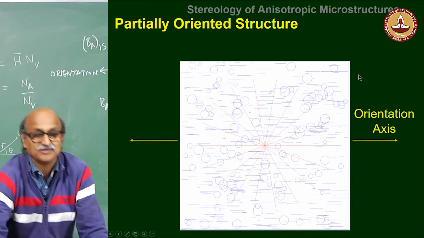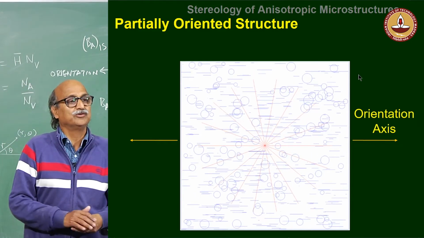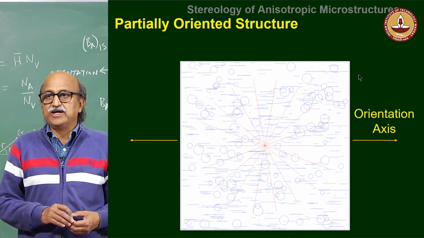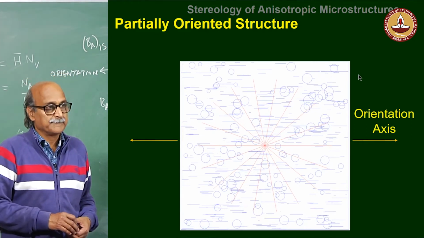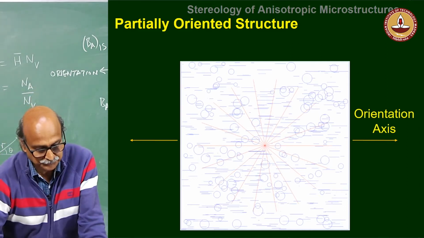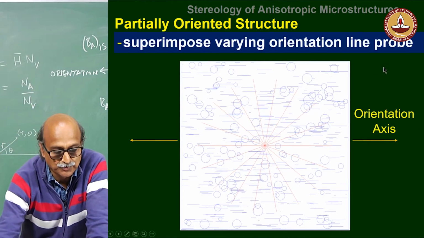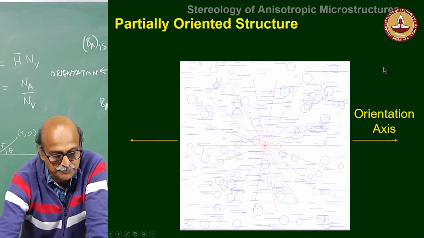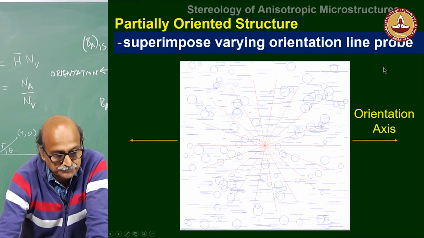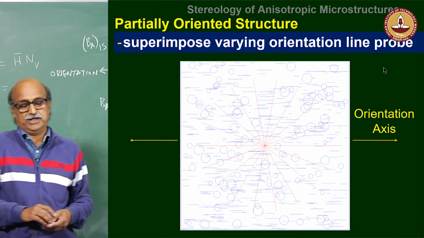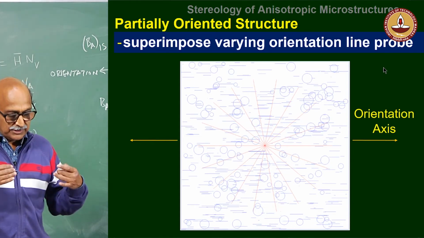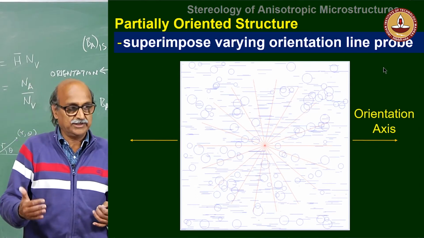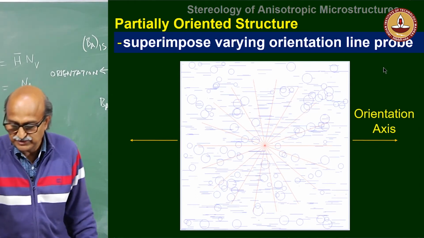On this, I now place the varying orientation line probe. So, superimpose the varying orientation line probe, and what we do, let us collect this data and see it in Excel first.